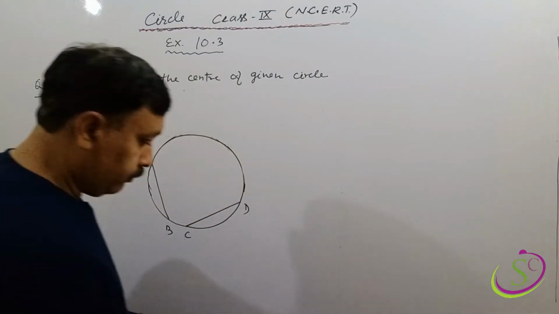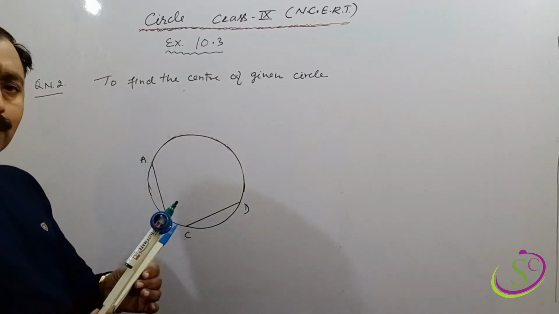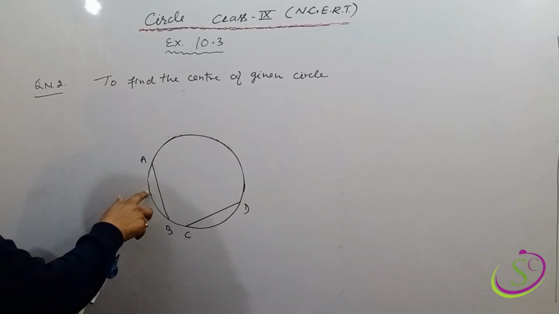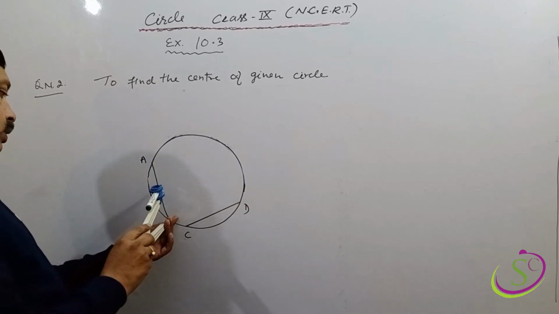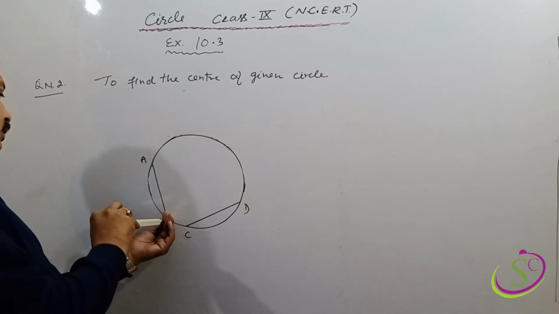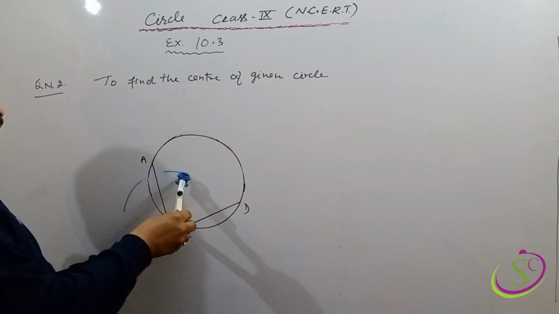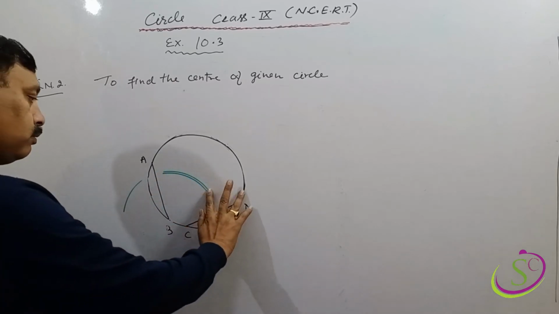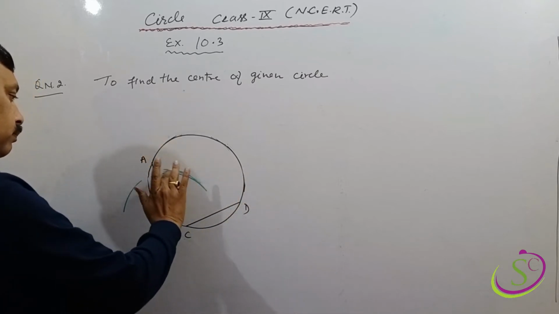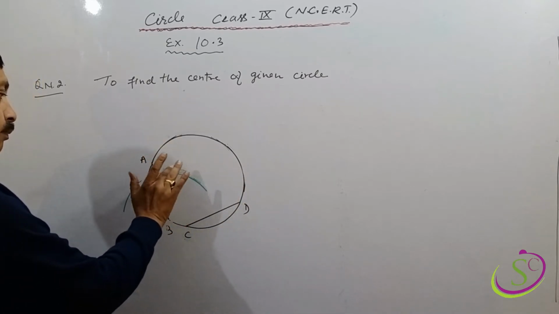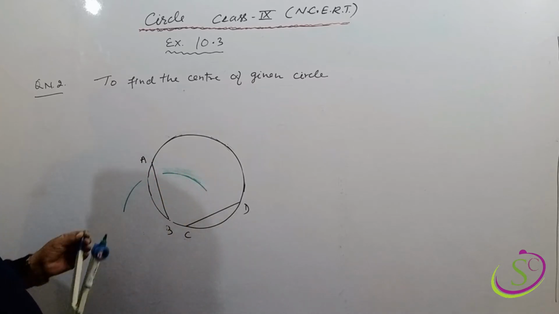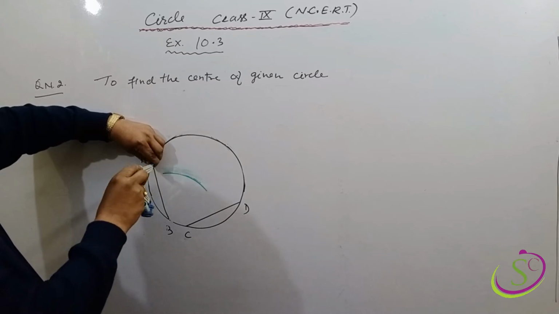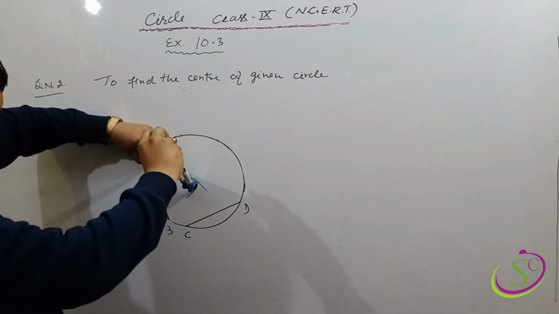How? Take more than half the distance of chord AB, and draw two arcs like this. Clear? So similarly, taking the same radius in the compass, draw another arc from the other end.